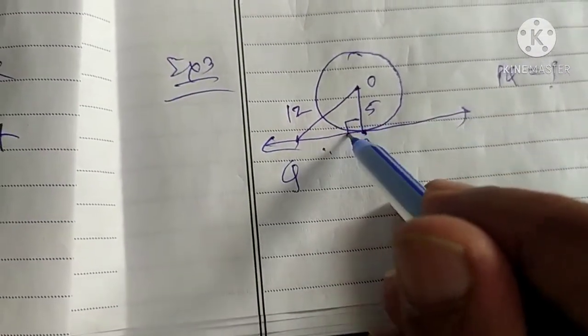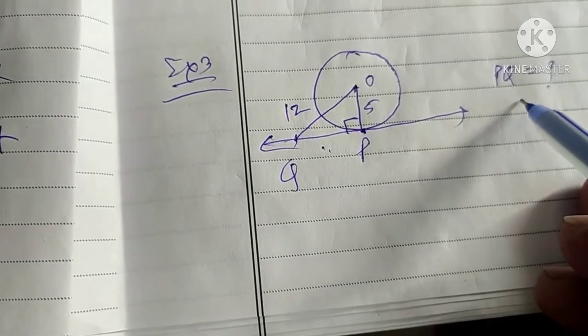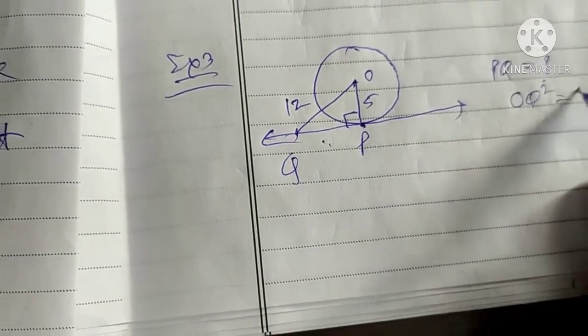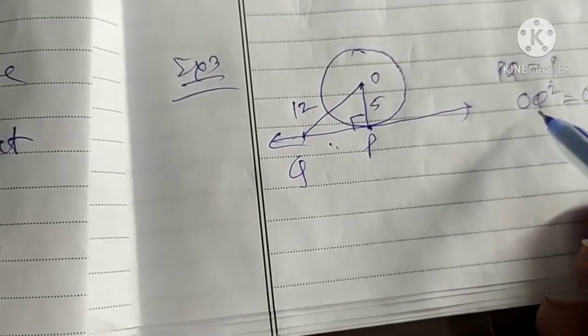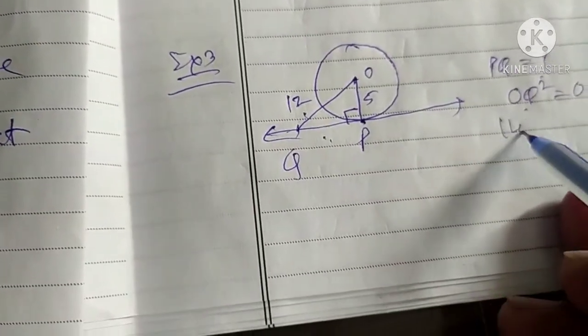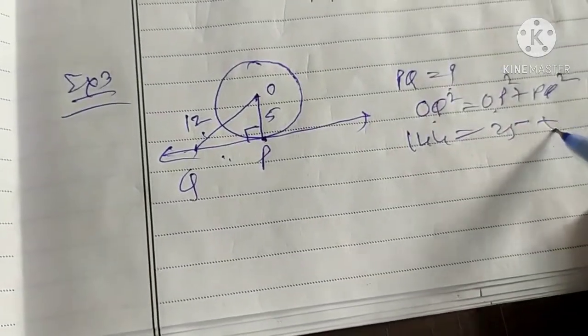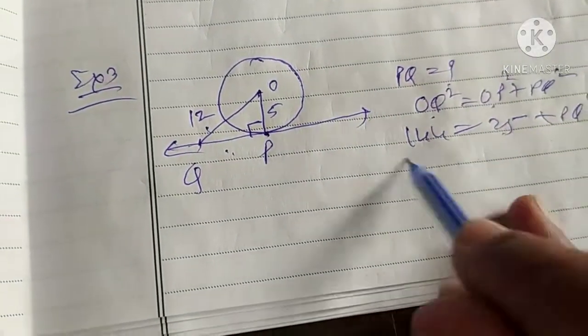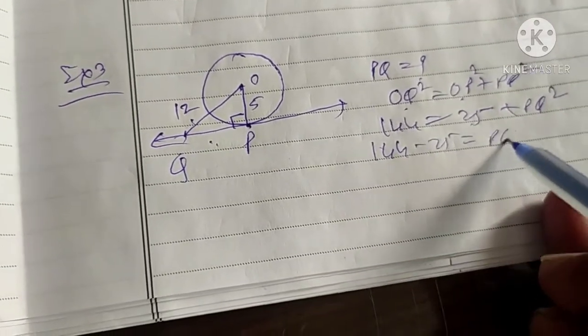So this is perpendicular, so it is a right triangle. You know the Pythagoras property: OQ square equals OP square plus PQ square. OQ is 12, 12 square is 144. OP is 5, 5 square is 25, plus PQ square. So subtract 144 minus 25 equals PQ square.